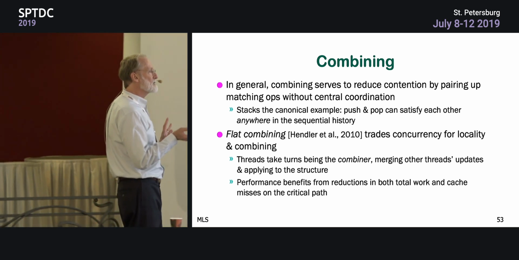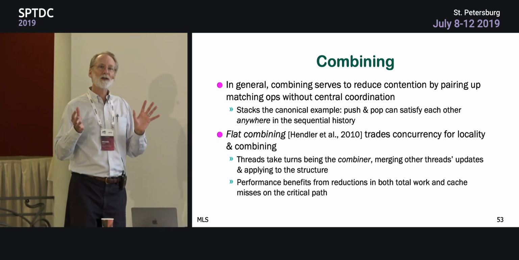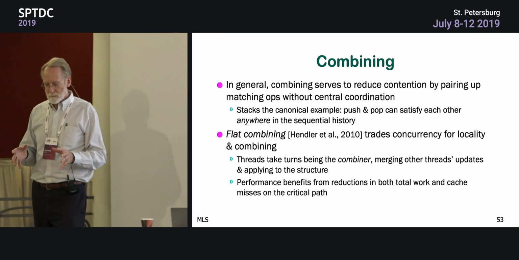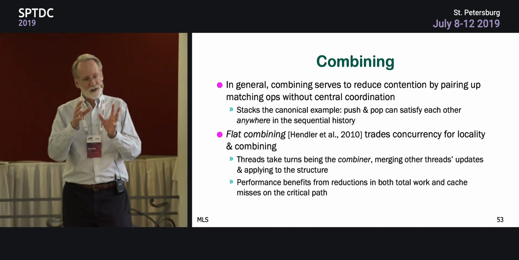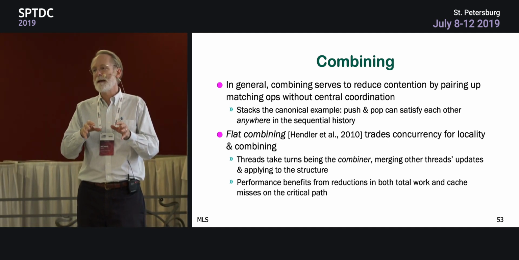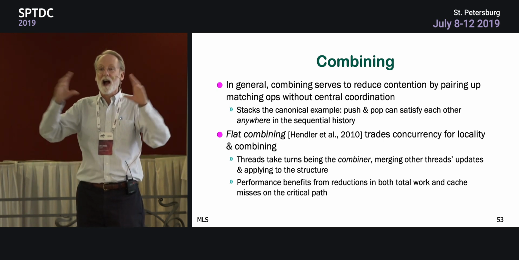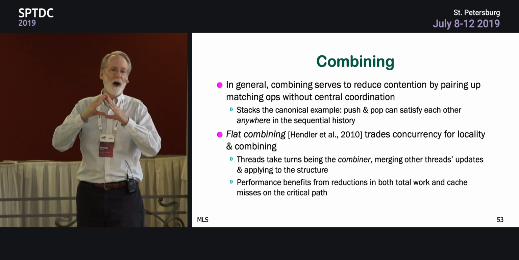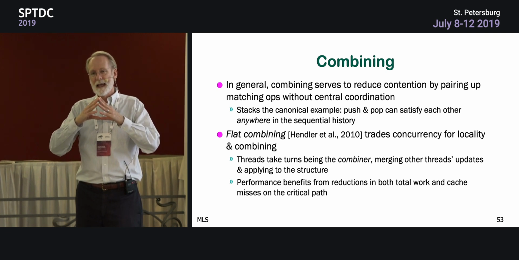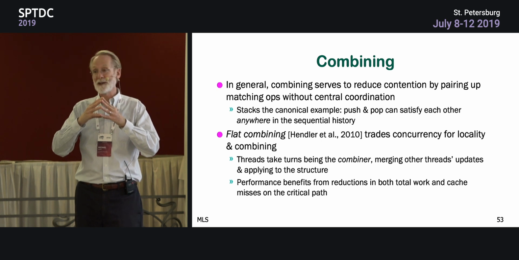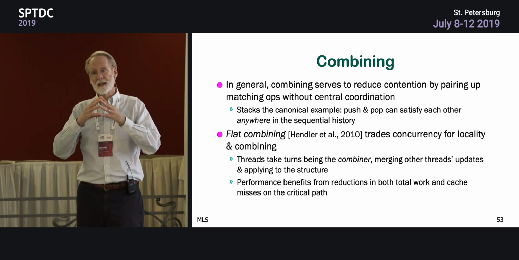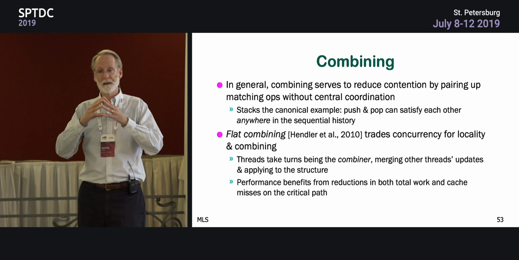Basically, it says, under high contention, if my data structure is sitting in cache, or maybe the top few levels of the tree that is my data structure are sitting in cache on one node of my machine, it might be a really good idea to do all the operations on that node for a little while and make use of the cache locality.